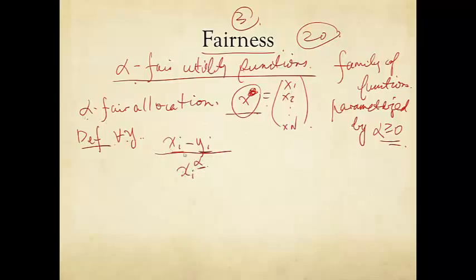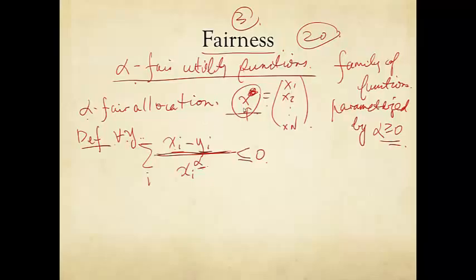That's where the alpha comes in. That's some kind of alpha parameterized normalization of the difference in drifting away from x allocation to y allocation. And then I look at the joint impact, the collective impact to all the users in the system, summing over i. If this summation, which is a single scalar, is less than or equal to 0, then I say this vector x is an alpha fair vector.